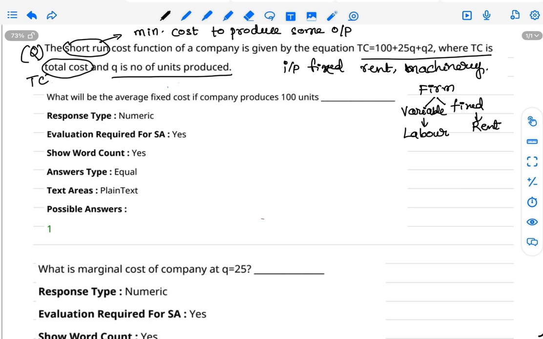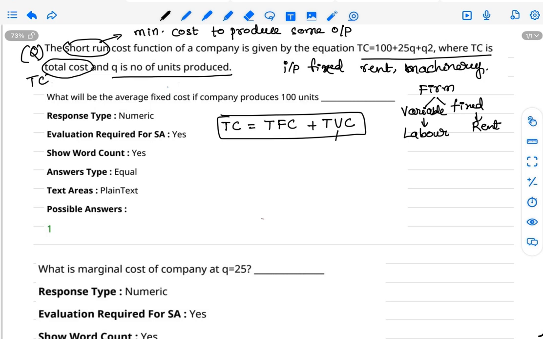So generally, the total cost is a combination of both total fixed cost, TFC, plus total variable cost. So this is the equation: total cost equals total fixed cost plus total variable cost.